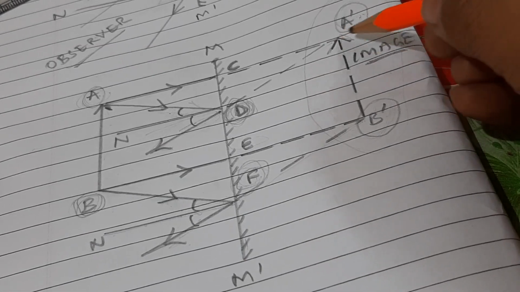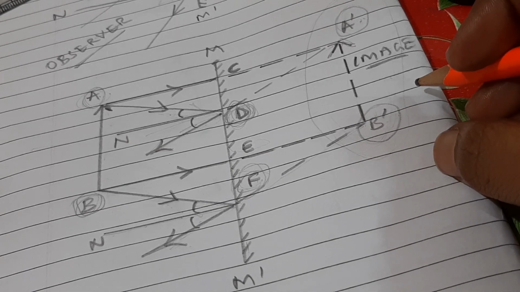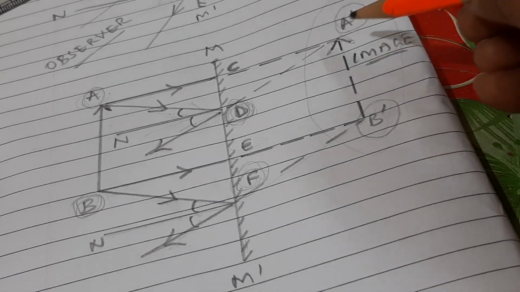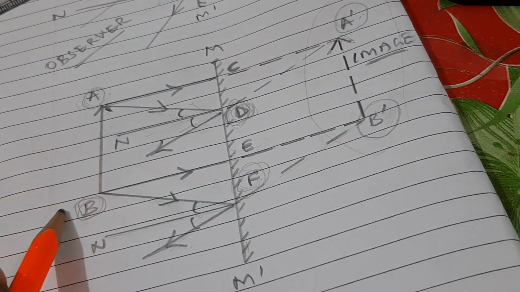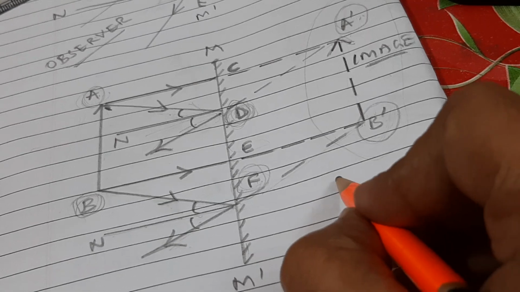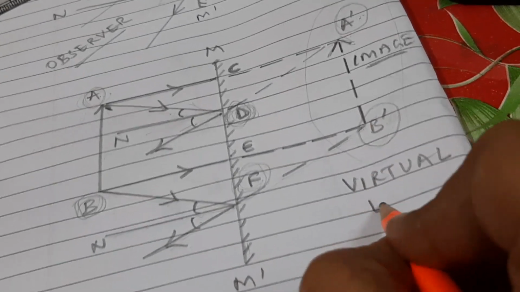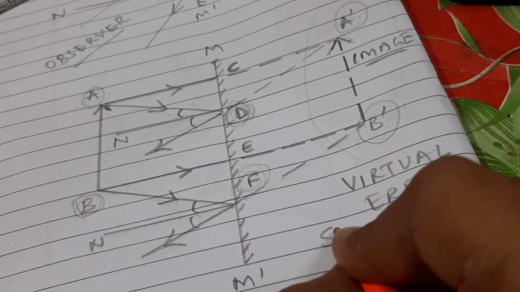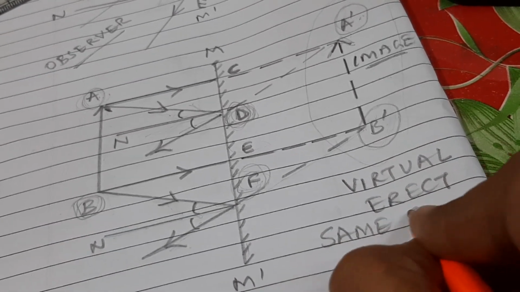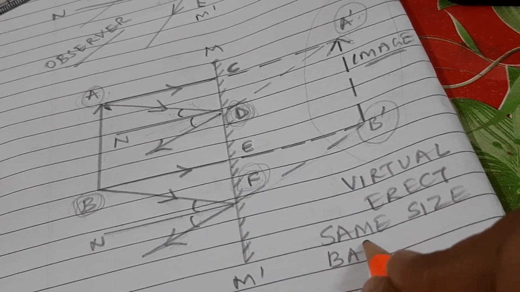So this is a virtual and erect image. We also see that the size of the image is the same as the extended object. Okay, so the image is virtual, it is erect, it is the same size, but it is on the back side of the mirror.